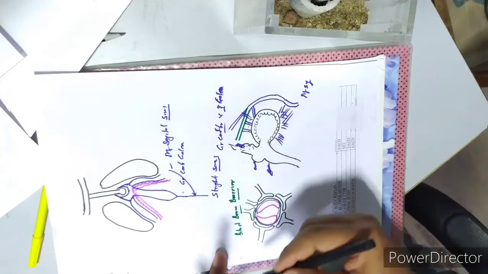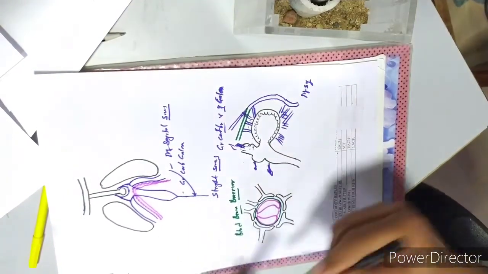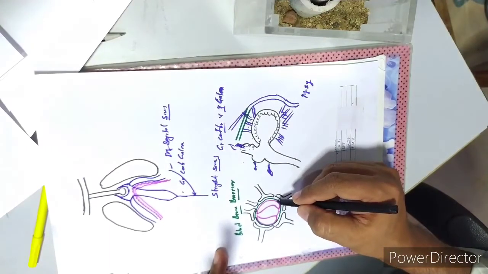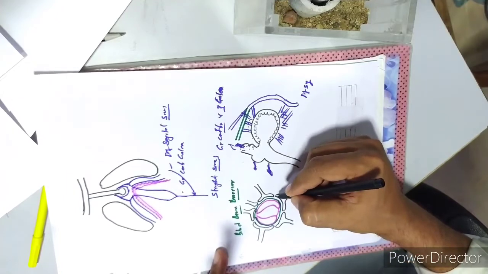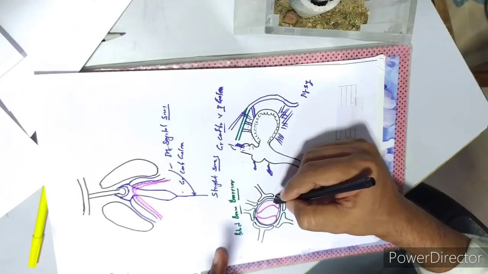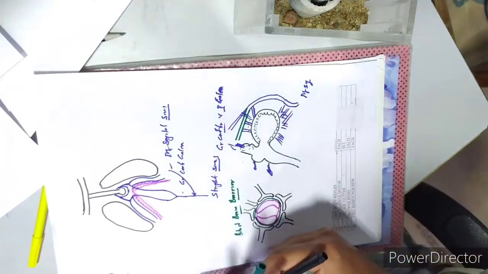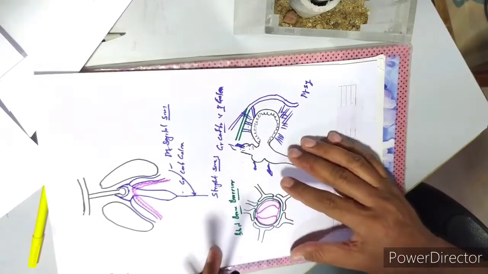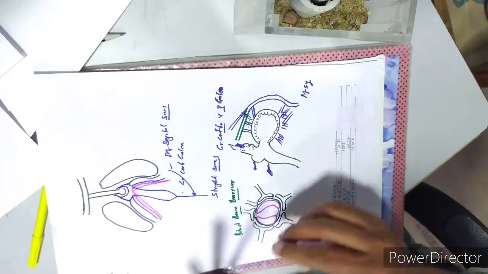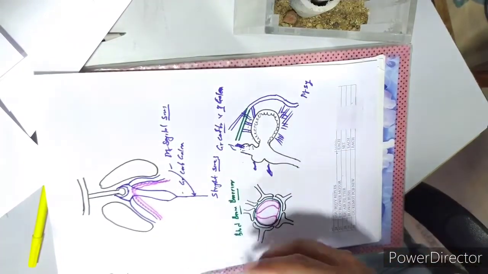So the three structures forming the blood-brain barrier are the capillary endothelium, the basement membrane of the capillary endothelium, and the tightly adhering foot processes of the astrocytes. These foot processes cover almost 80% of the surface of the capillaries, forming tight junctions with the capillary. So this is the blood-brain barrier.